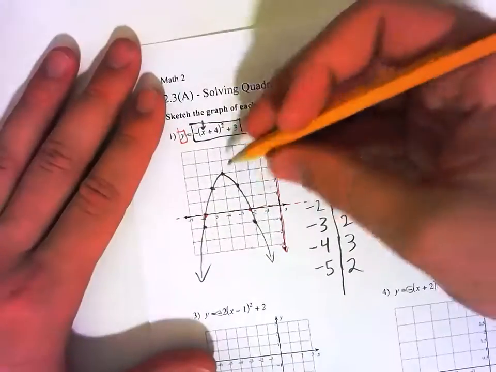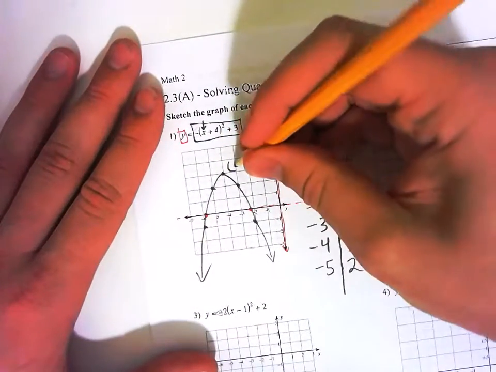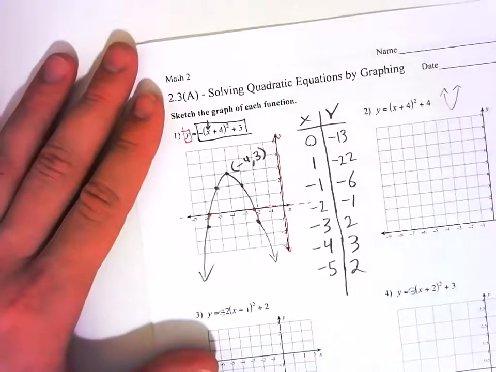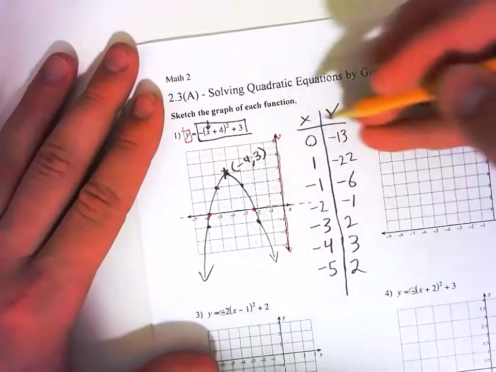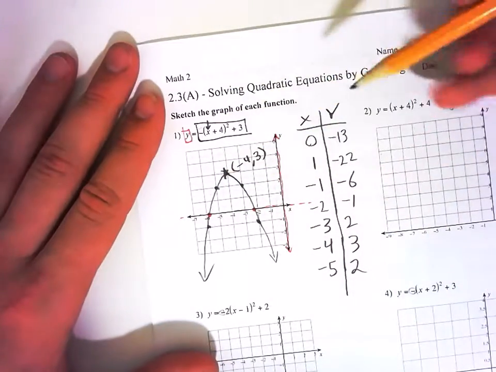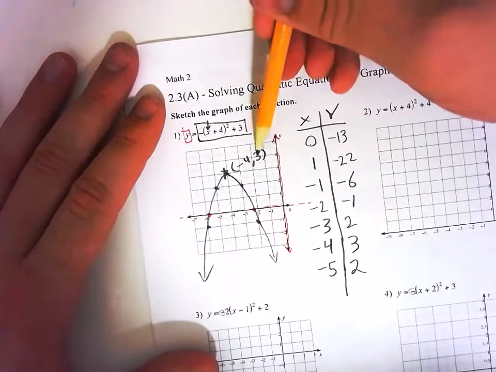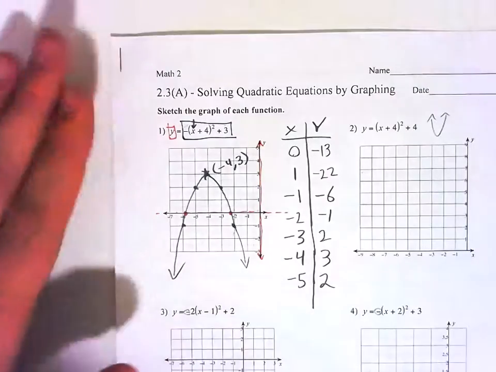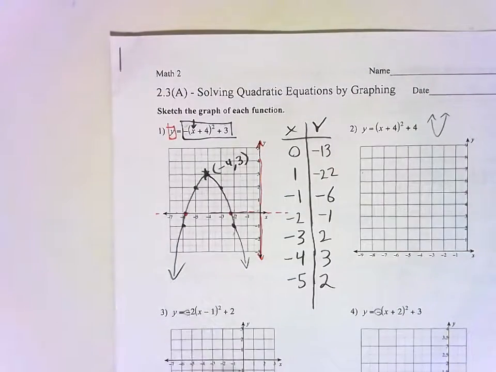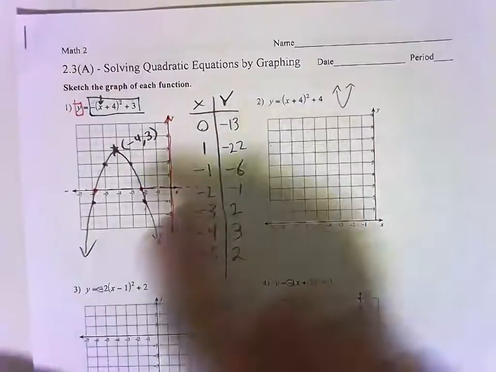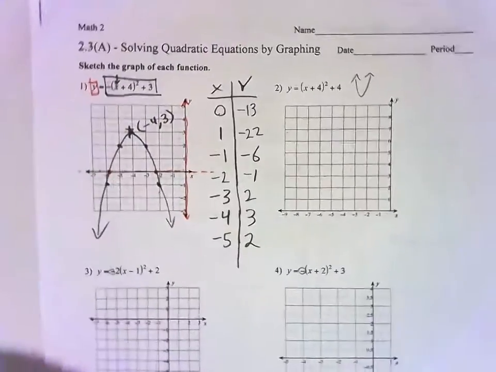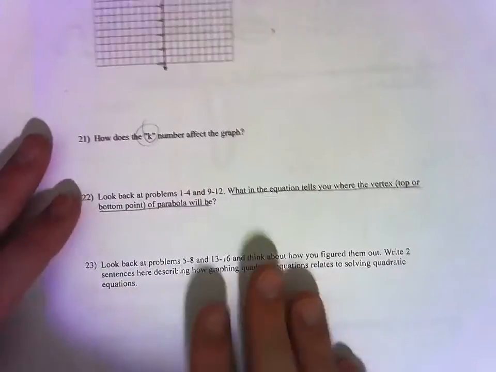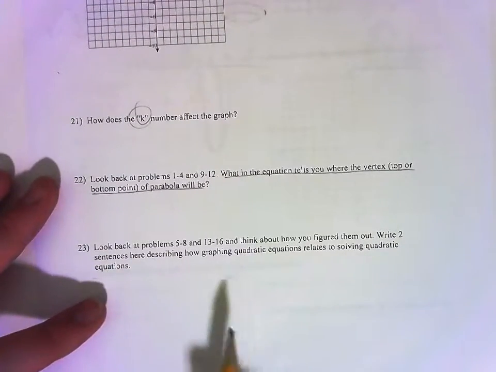Like on this one, the vertex is -4, 3. Right there. -4, 3. How do -4 and 3 relate to the numbers in this equation? That's what you're going to look at and see if the pattern keeps going in all these parabolas. So that's what you're going to answer for that one.